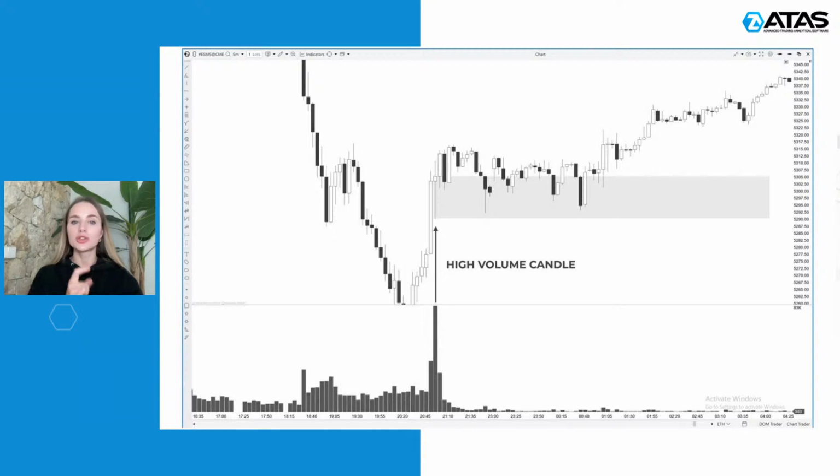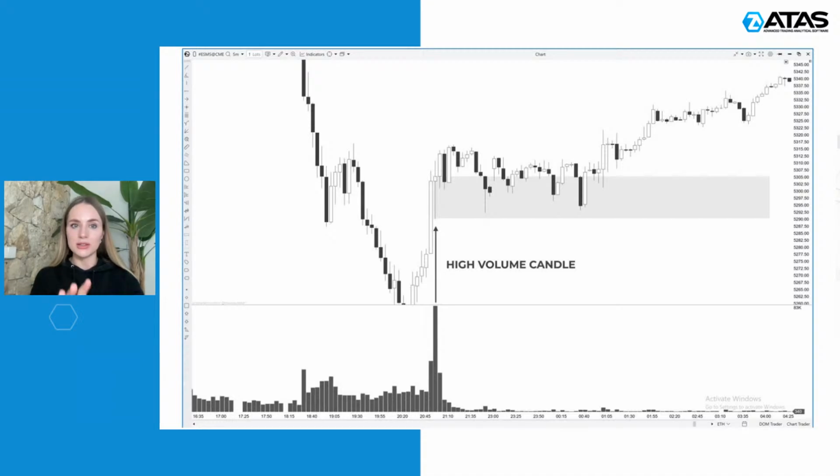And when the price returns there, the big buyers will likely be holding the price because they won't be willing to let the price go below and take them into drawdown. So I always wait for the next candle. And this is one of the most important key takeaways. Wait and do not rush into the market. Don't chase the trade. Don't jump immediately when you see something is happening. Wait until the next candle.